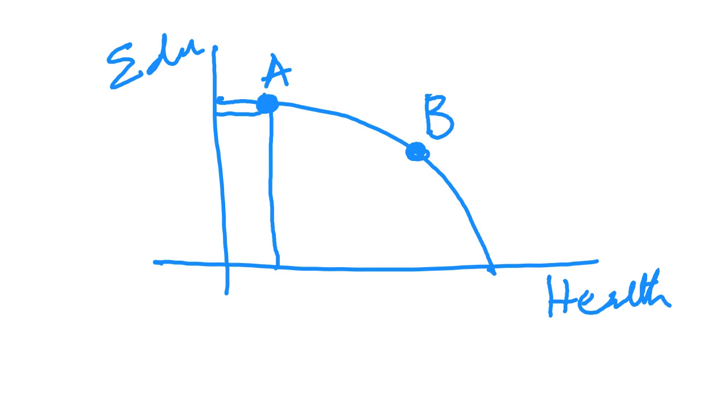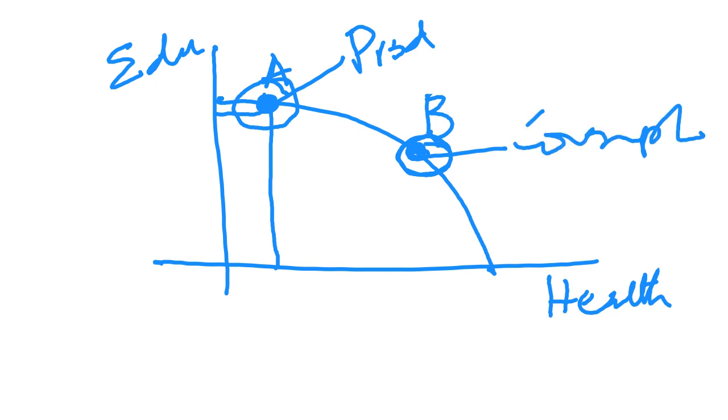But the problem here is that consumers or buyers or citizens are saying that government or producers should produce at this point, but producers are actually producing at this point. So this is the production point. This is the consumption point. Consumers want to consume this much of education and this much of health.